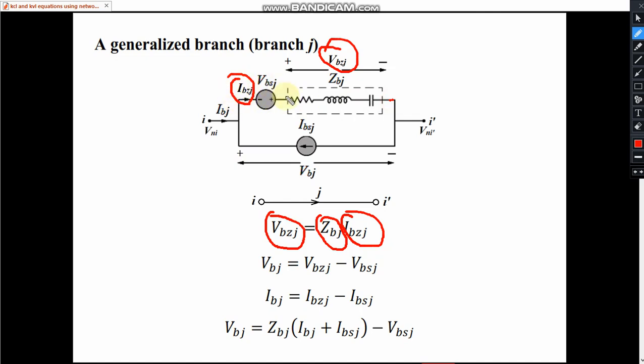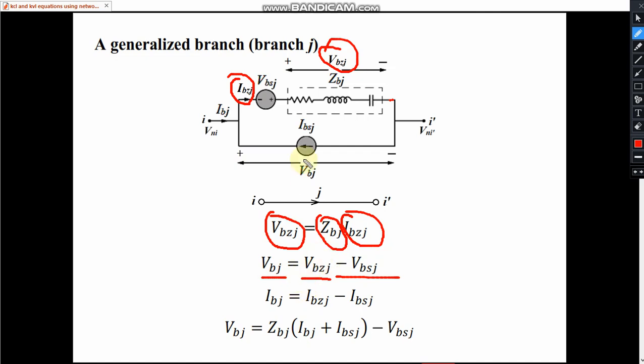So the drop from here to here is actually a rise, so it will be minus VBSJ, and plus the drop from here to here. This drop is VBZJ. So plus VBZJ minus this plus this. This is nothing but the total voltage from here to here.